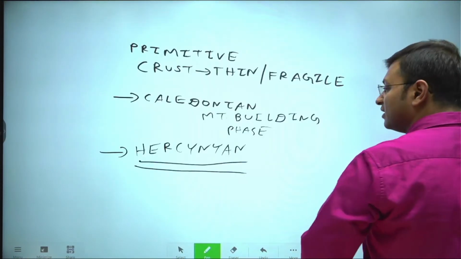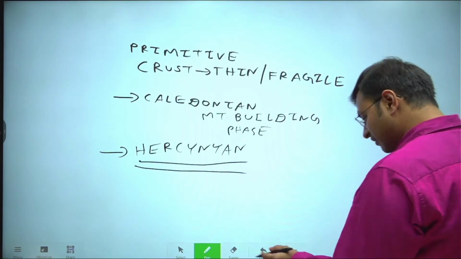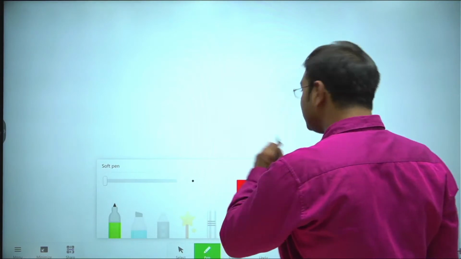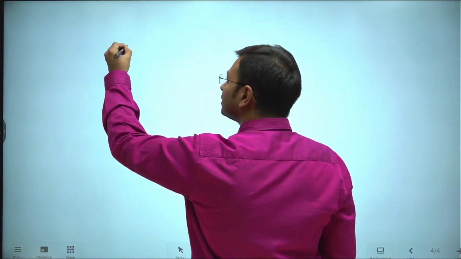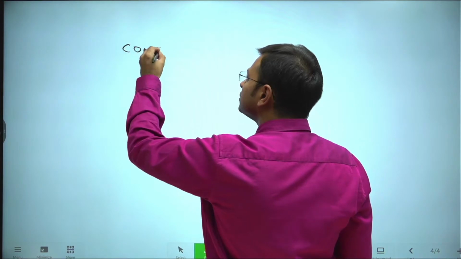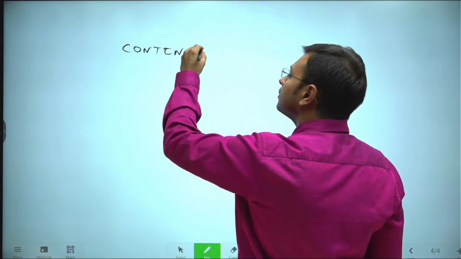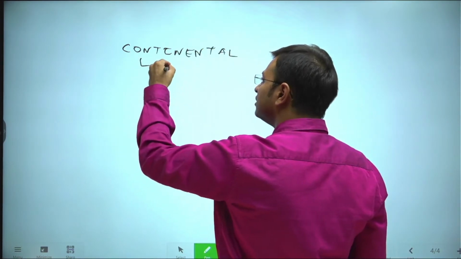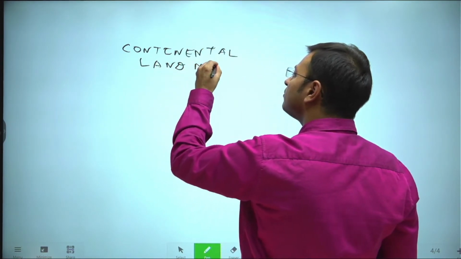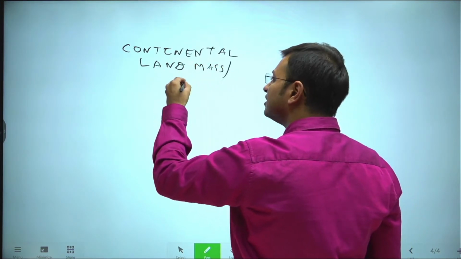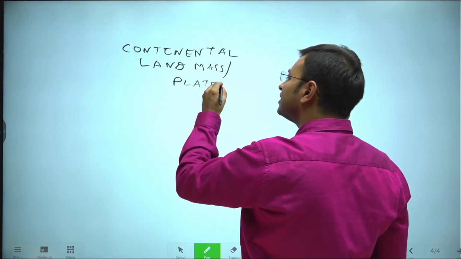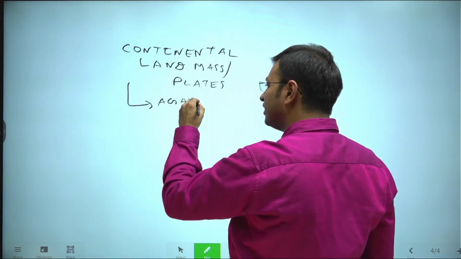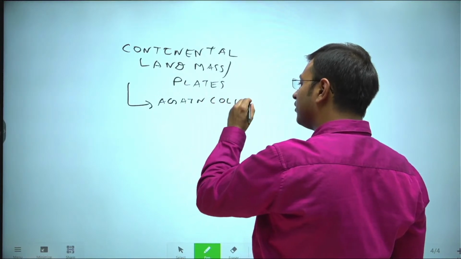So after the Hercynian mountain building phases, the individual continental landmasses or plates again started colliding with one another after the breakup of Rodinia.